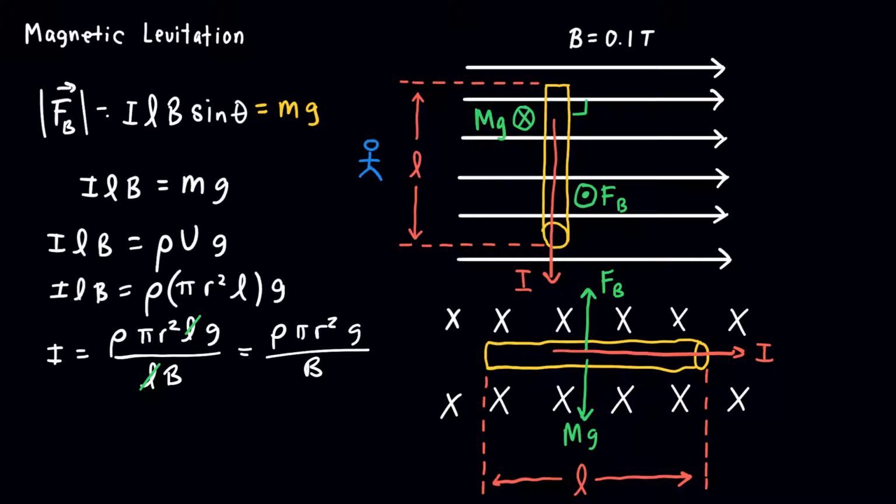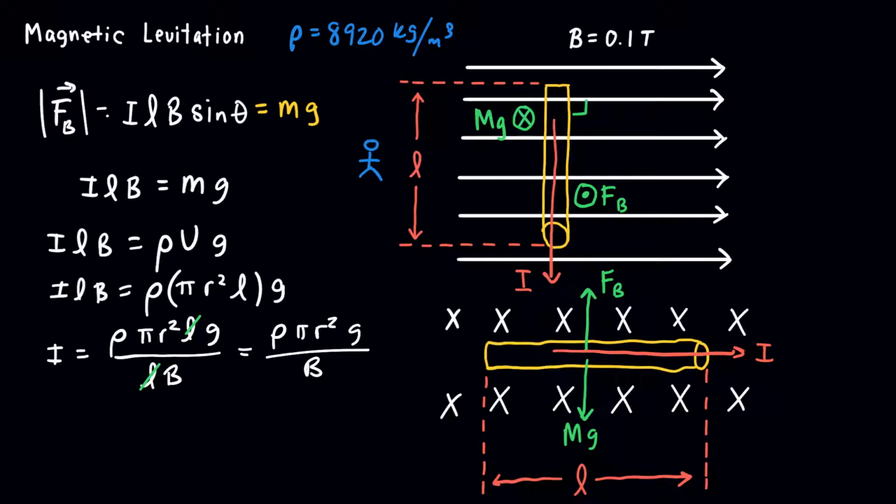I already gave the strength of the magnetic field up above, 0.1 Tesla, and now I'd like to give some reasonable values for the density and the radius of the wire, so that we can see what kind of current we would need. So I'll add these values up above. The density of copper, rho, is approximately 8,920 kilograms per meter cubed.